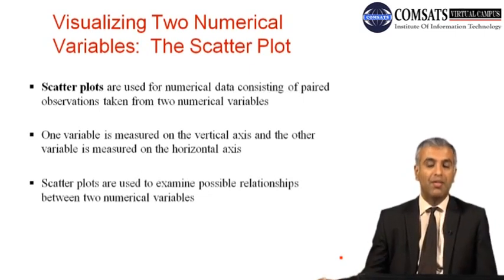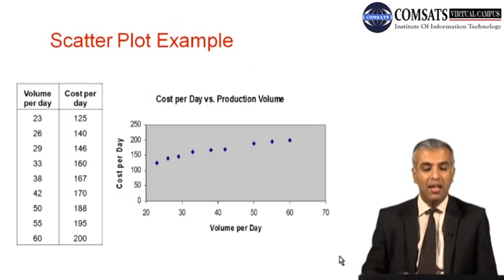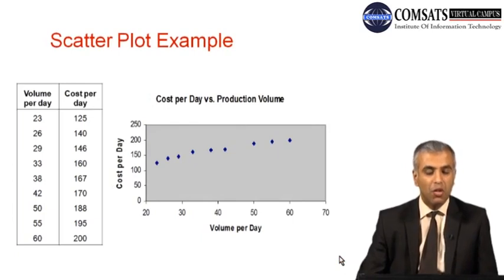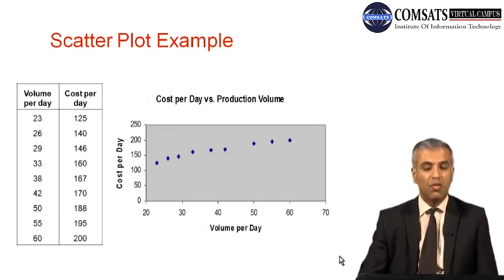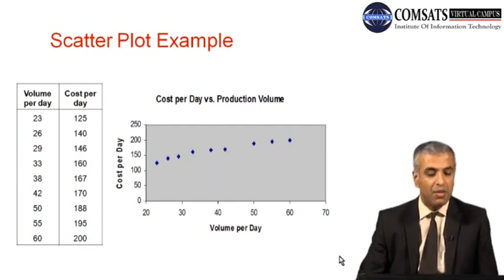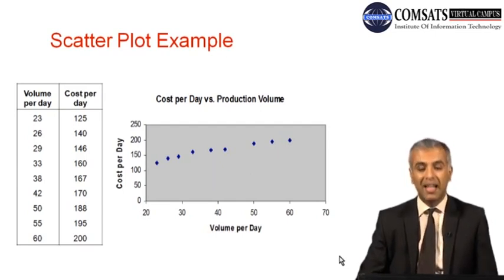The example of this can be seen here, in which we have two values, volume per day and cost per day. Volume per day values have been plotted on the x-axis, and cost per day values on the y-axis. These values give us a certain trend, that they have some kind of relationship with each other.